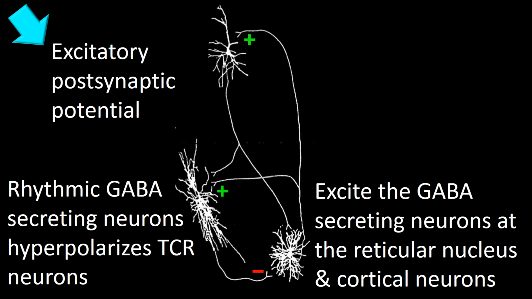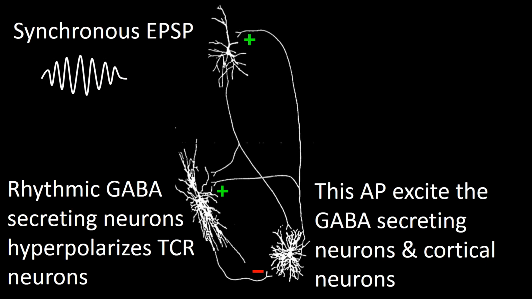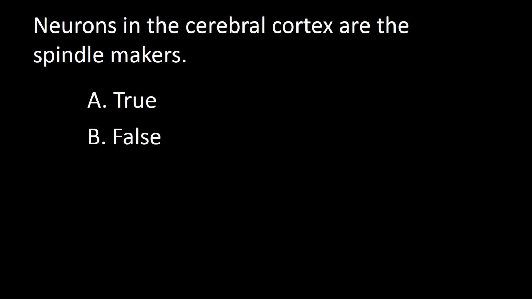The cortical neurons' excitatory postsynaptic potentials, if rhythmical and massive, generate spindles. So the answer to this question is A.